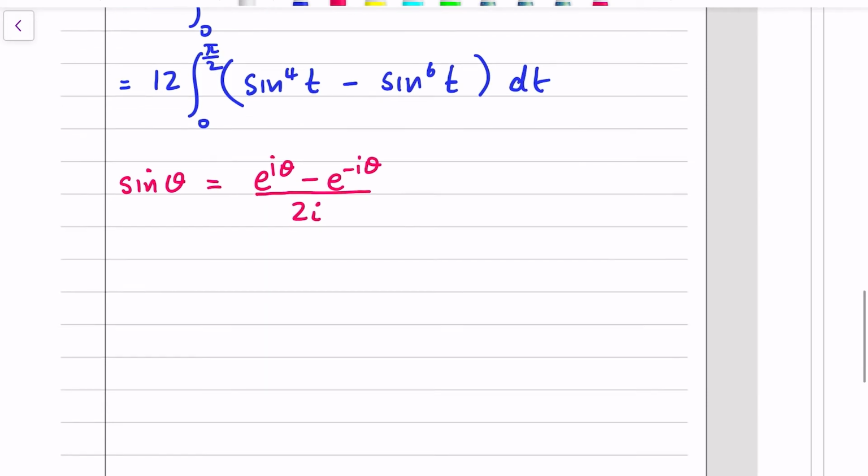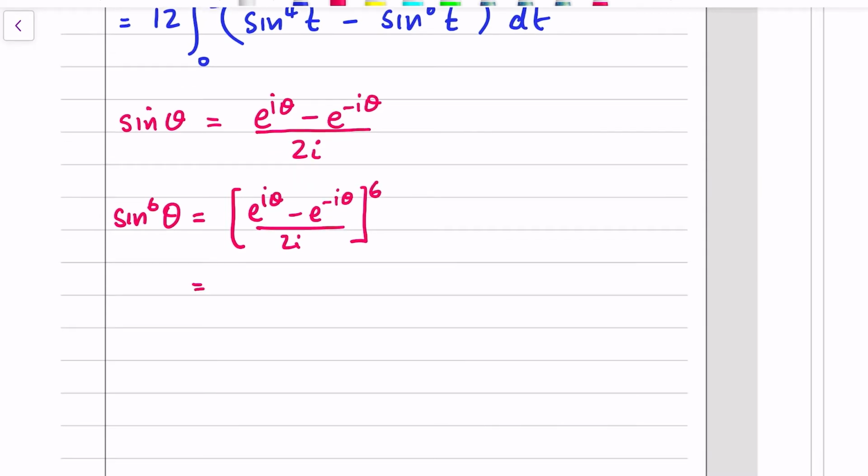And we want to power this by 6 and also power it by 4. 2i to the power of 6 is negative 64, so we get negative 1 over 64. And then we get the same stuff as before, we just got to be careful with signs here.